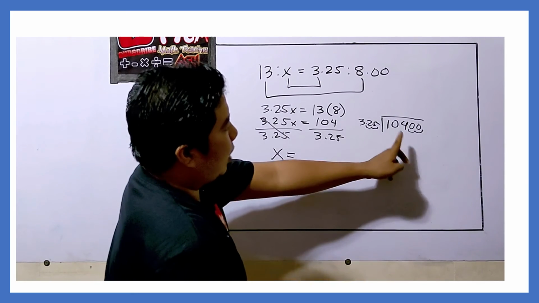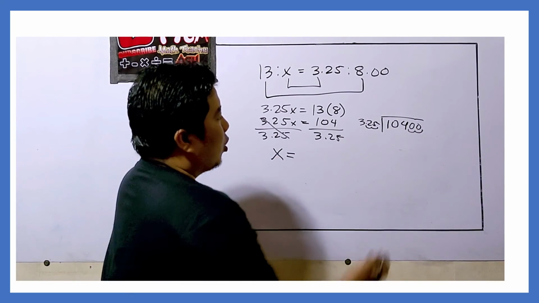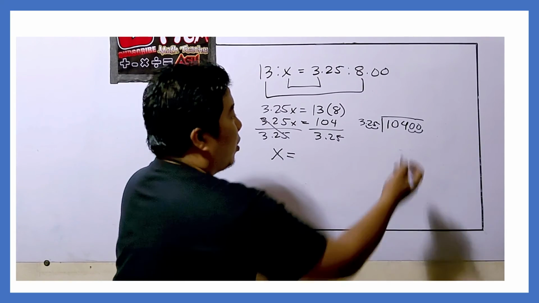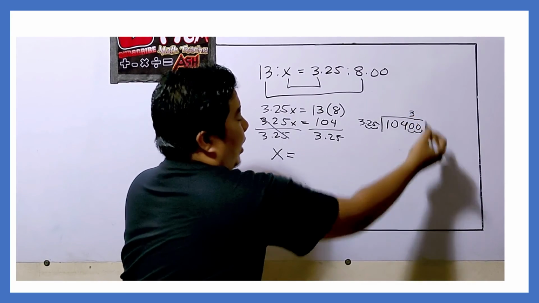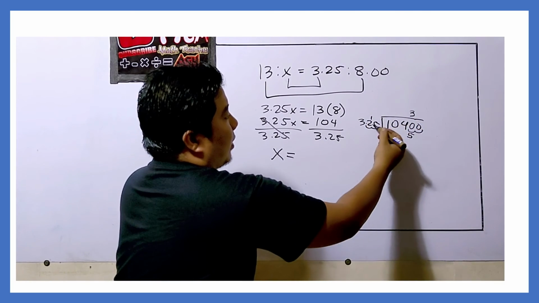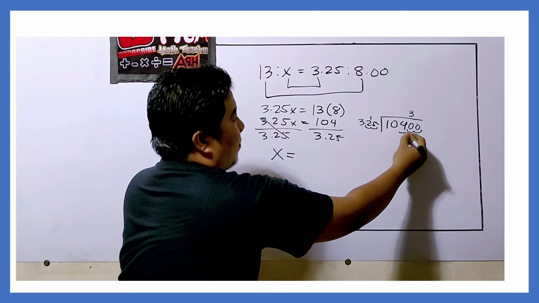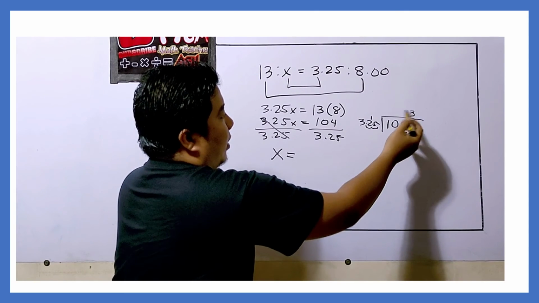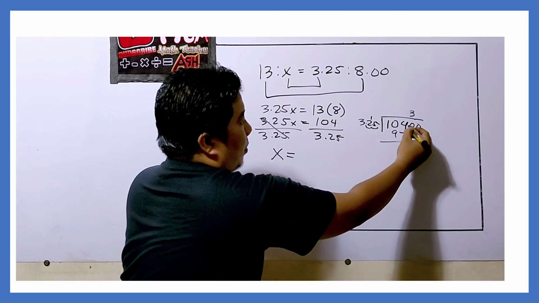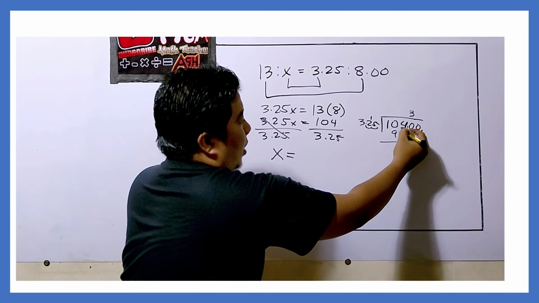So by dividing, we will start with the 1,040. So how many 325 does 1,040 have? So basically, I think there is 3. So 3 times 5, that is 15. Carry 1. 3 times 2, that is 6, 7. And then 3 times 3, that is 9. Okay, so this is 5. This will be borrowing here. This will become 3.